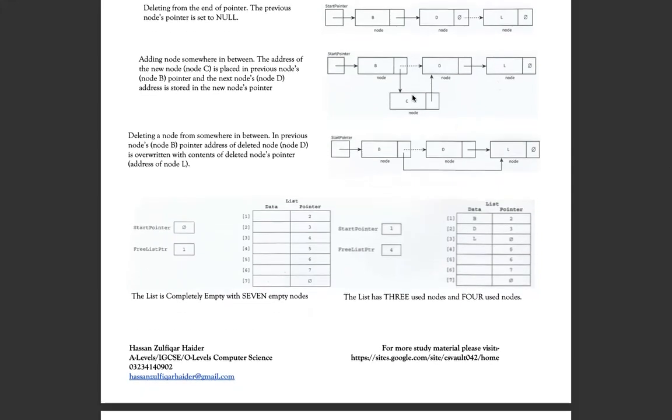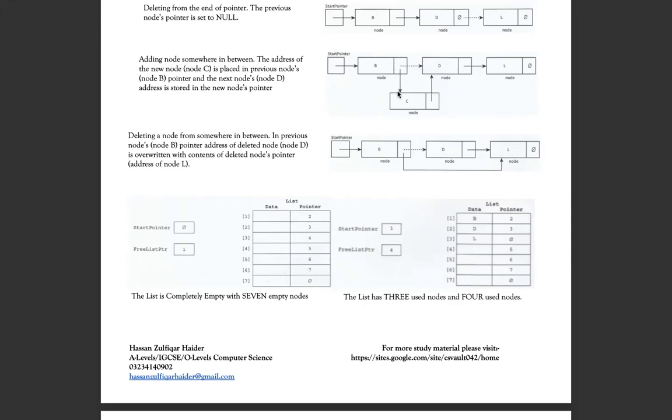Finally, if I want to add anything in between, so I'm adding this new node in between. Imagine that this is index position 1, 2, 3, and let's just say this is index position 6. Now this node number 6 can be seen by its value to belong between node B and node D. Even though it is a node with index position 6, my linked list will allow me to add this node in between because of its value.